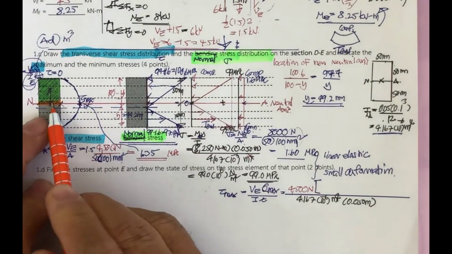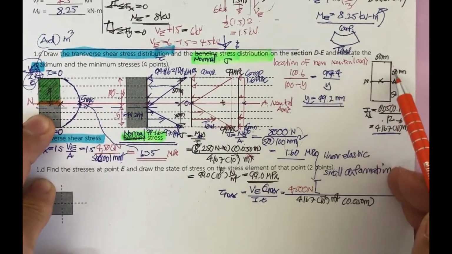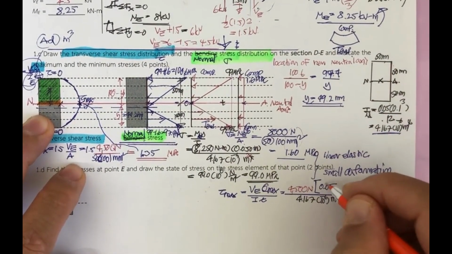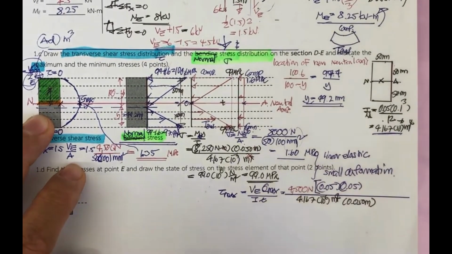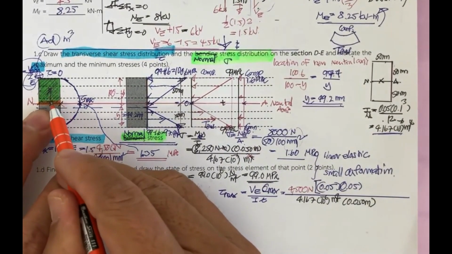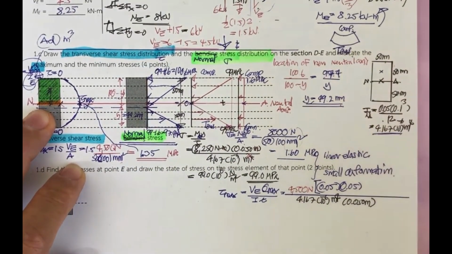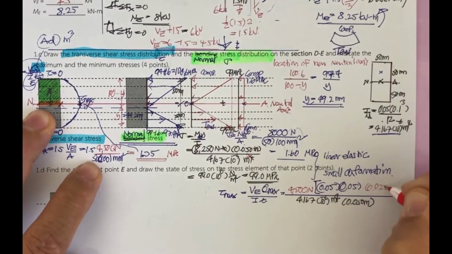So this is going to be 50 millimeter, that is 0.05 times 0.05, and then the distance here is going to be half of the 50 millimeter, from here to here, that is going to be 0.025.